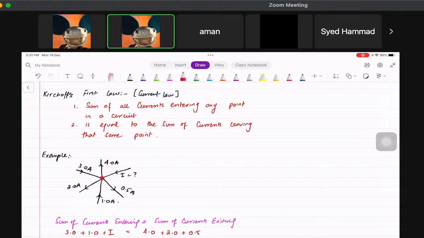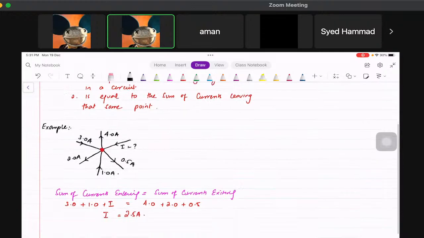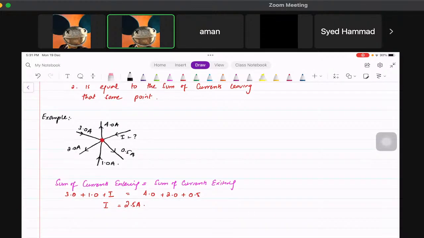Now, with that said, we need to know what principle this particular law depends on. So, note: the first law obeys the law of conservation of charge.